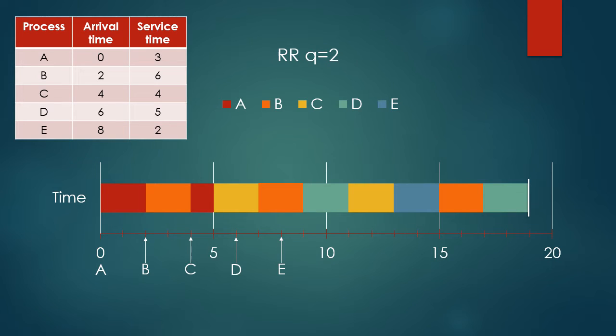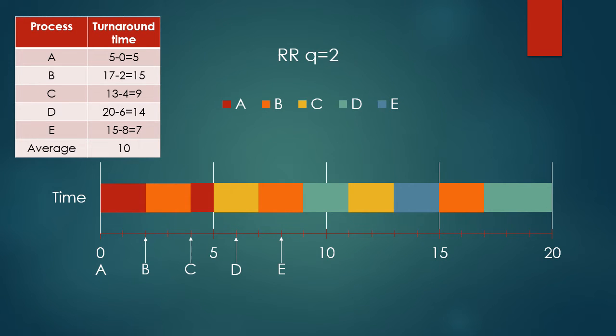B finishes off. D is taken from the head of the queue and given the processor for 2 seconds. The queue is now empty. As the queue is empty and D still has 1 unit remaining, it is allowed to run for 1 more second until it finishes off.